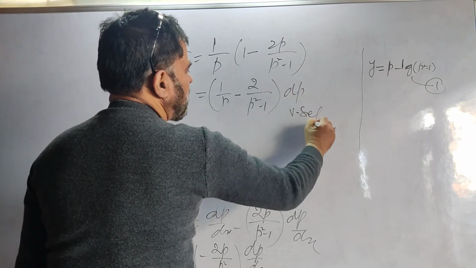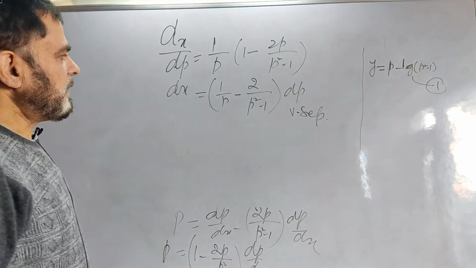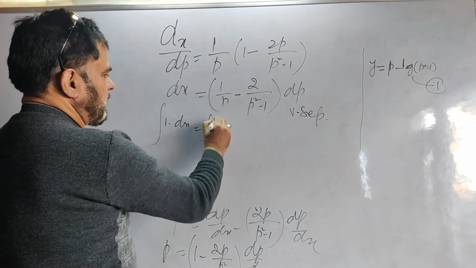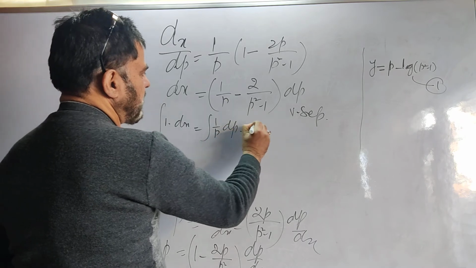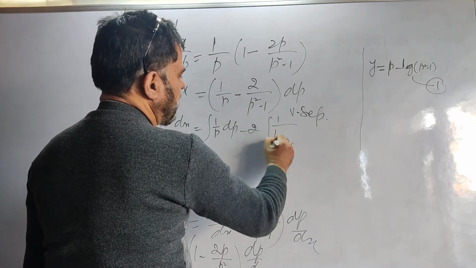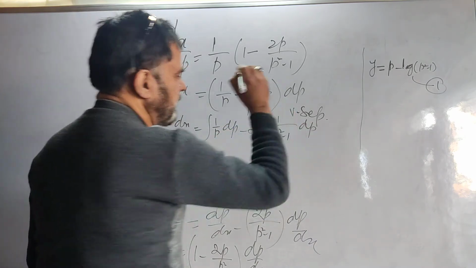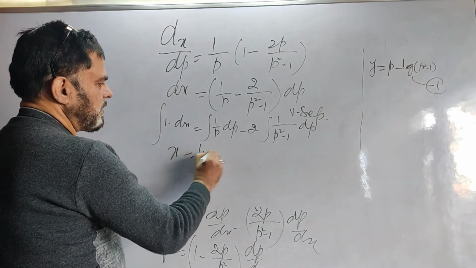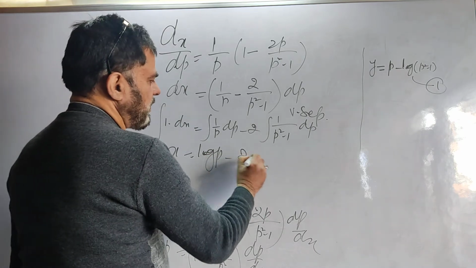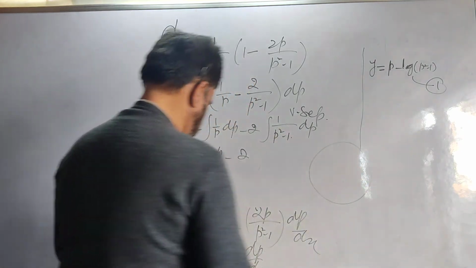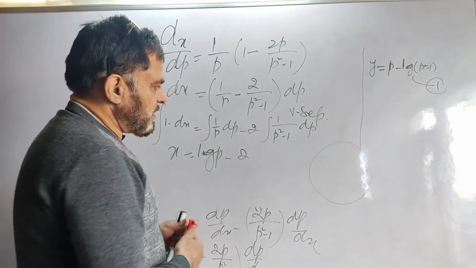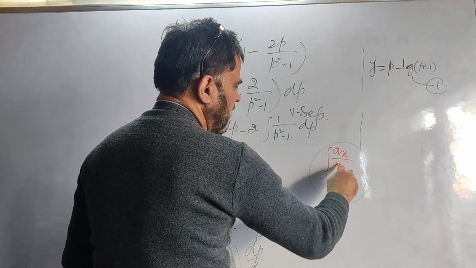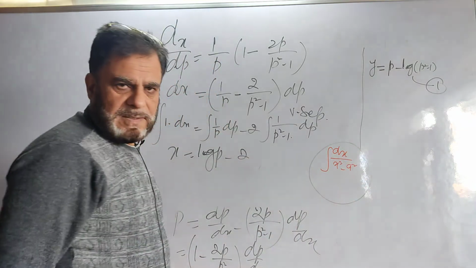So the variables are separated. So you can integrate: integral of 1 with respect to x, 1 by p dp minus twice 1 by p square minus 1 dp. It is x is equal to log p minus 2. Now how do you integrate this? You know this is a fundamental integral of dx by x square minus a square. What is this?